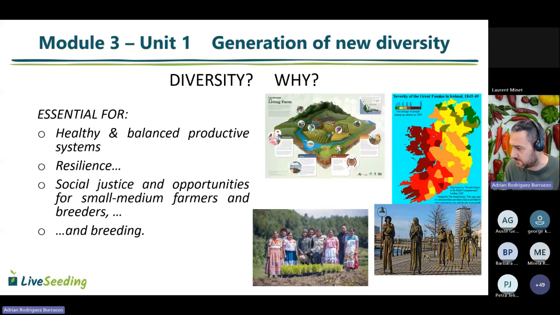Of course, there is a market for everybody, but we are guaranteeing social justice and opportunities. And we are also giving feedback to the whole resilient and balanced, diversified agri-food system. And finally, breeding. Diversity is very important for breeding.